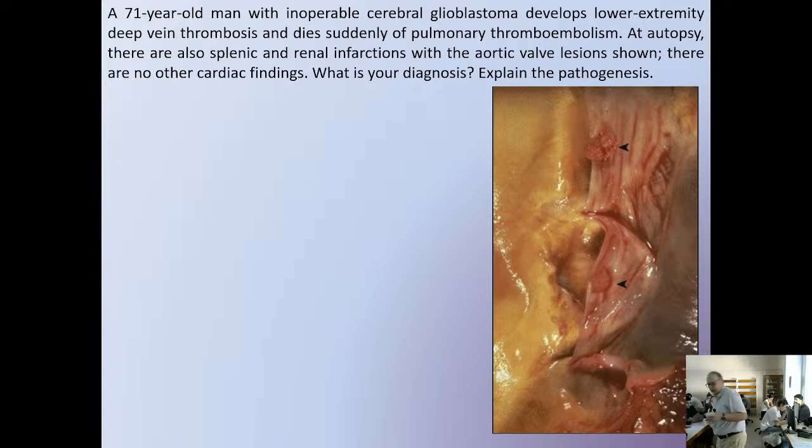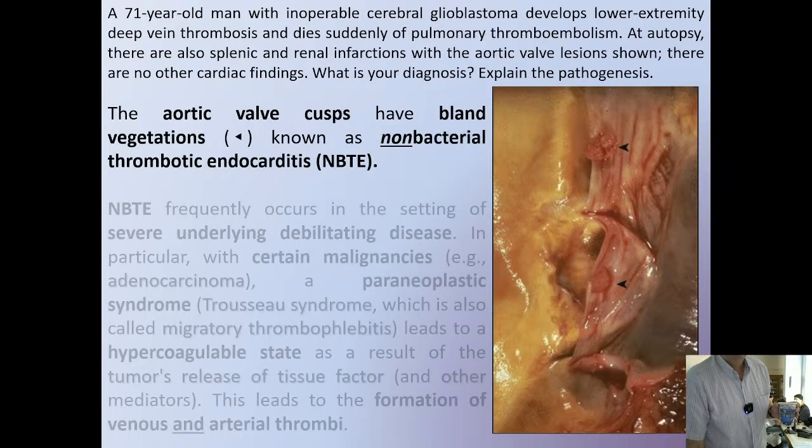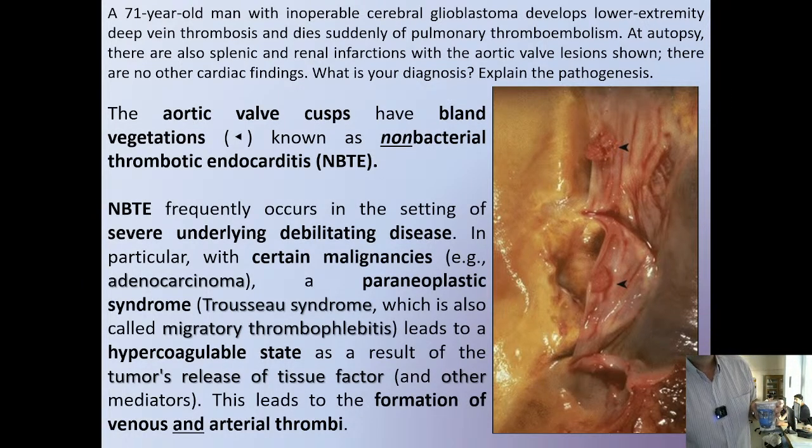So what is the diagnosis? In very severe diseases, the patient's cusps can have some bland vegetations, not of infectious origin, non-bacterial.